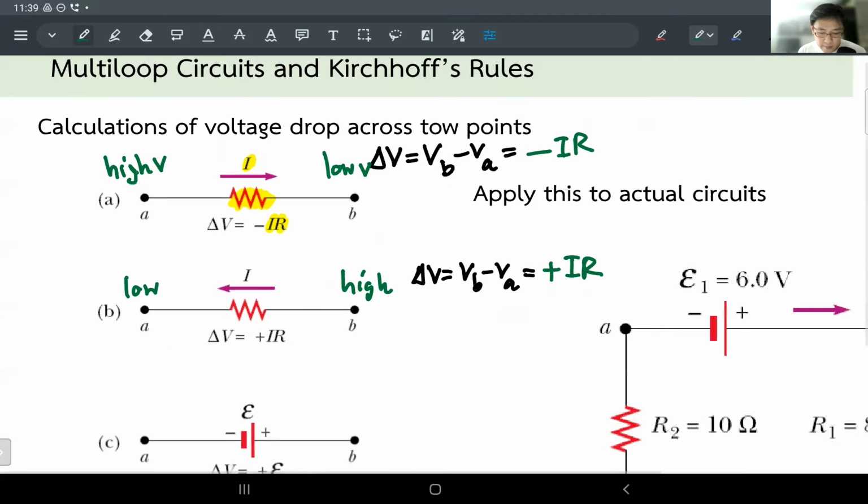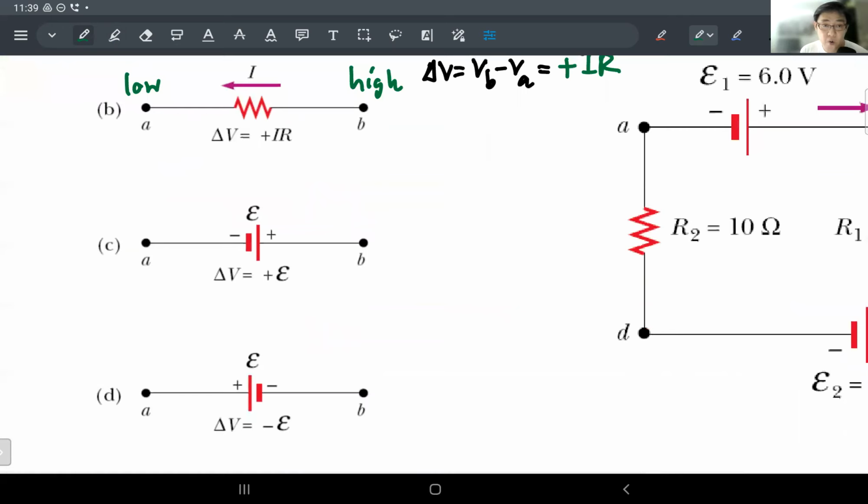Try again. The other set of scenarios that you're going to face is you have to consider what is going on across the source. And this one is simple because look at this. Point A is connected to the negative terminal of the source. Point B is connected to the positive terminal of the source.